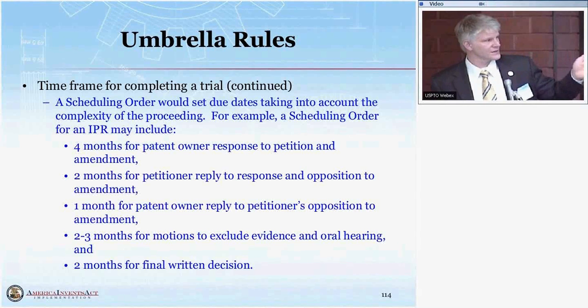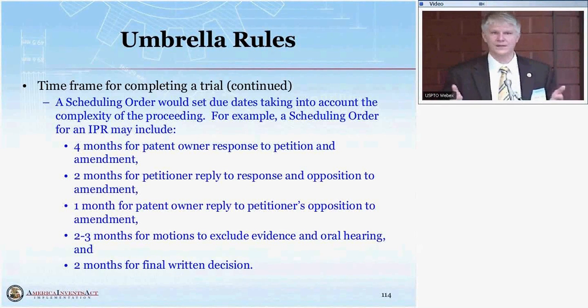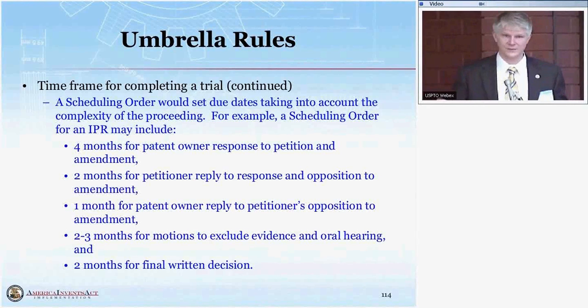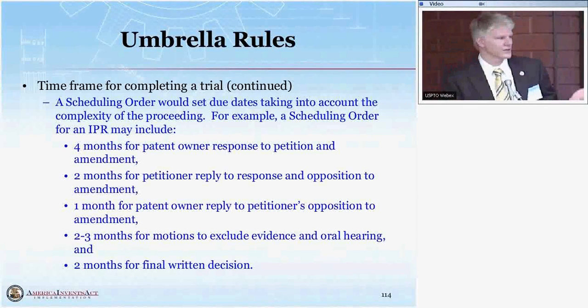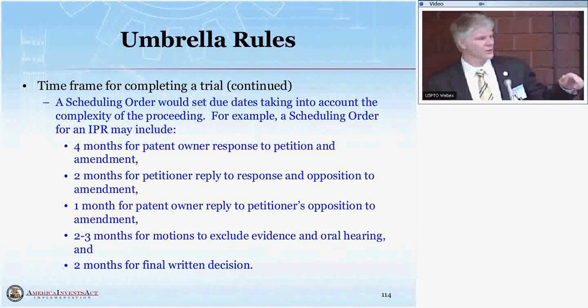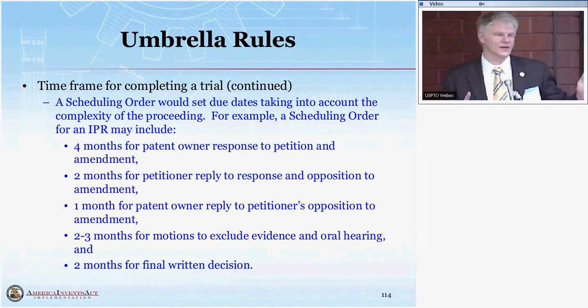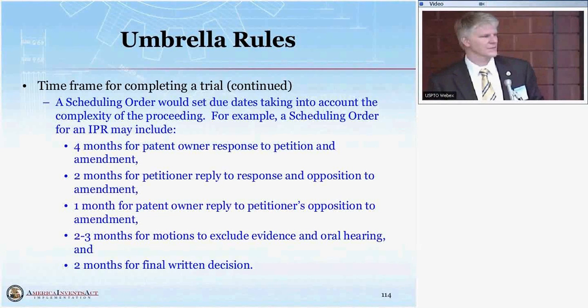We've given generally 2 months, plus they can respond to any amendment put in. They might not have seen these claims before because they're new claims, new terminology. This gives the petitioner a chance to put in some additional evidence on these new issues that are arising. Followed by, we would give the patent owner, if there's new evidence or something comes up in the petitioner's opposition to an amendment that the patent owner hadn't seen, a reply time also.